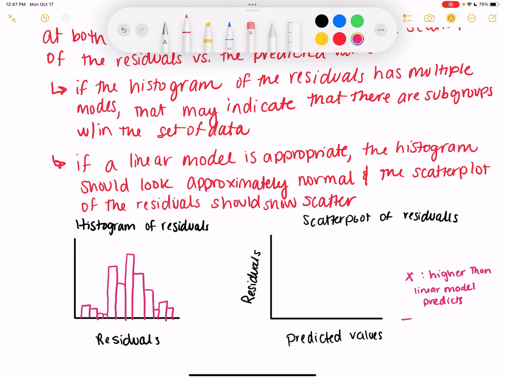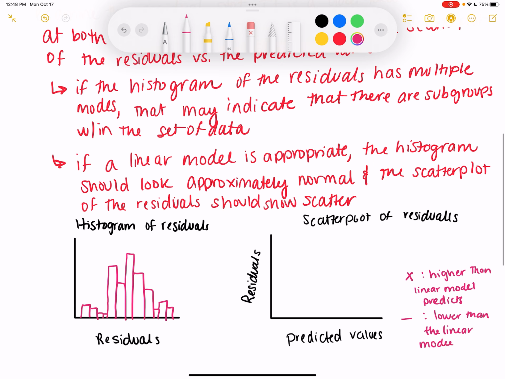And the negative signs are going to be lower than the linear model predicts. And the dots are just going to be on par with what they normally would be.